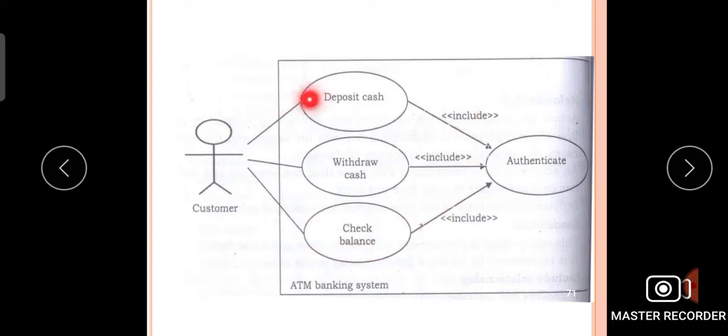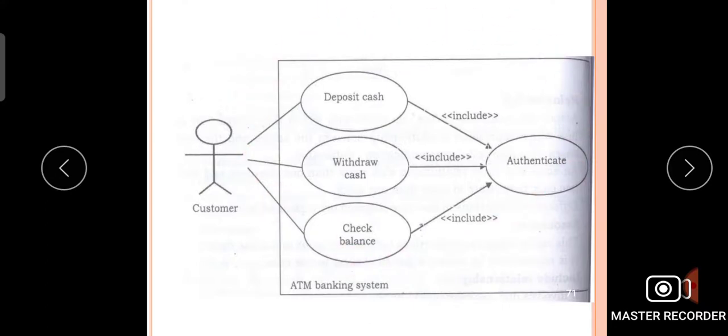And all of these are included in the authenticate use case ellipse. The system depends on the ATM banking system. It means that the customer can deposit cash, withdraw cash and check balance, and all these activities are only for an authenticated person, or we can also say an authorized person. Okay. So this is our best example of a use case diagram.